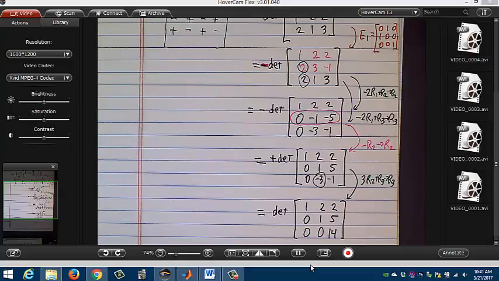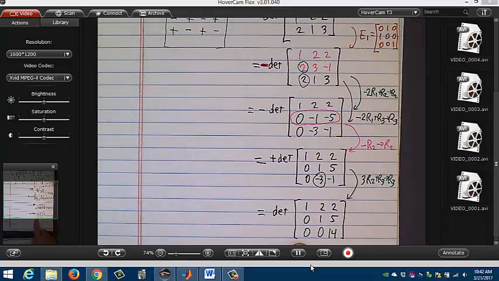So, Mitchell, do you know what the determinant of this matrix is? My hint, expand along the bottom row.